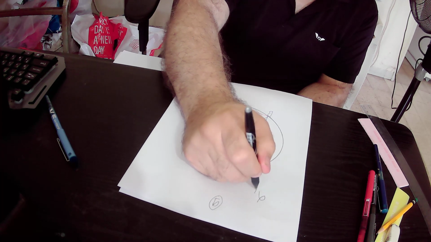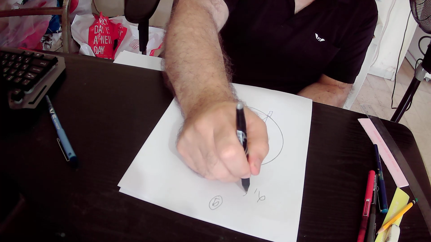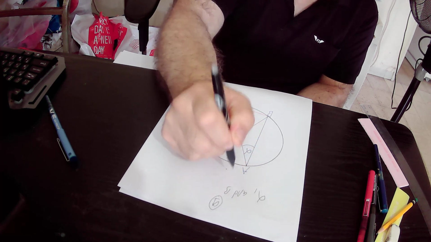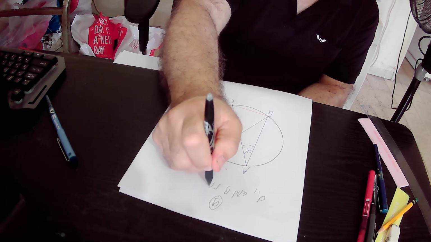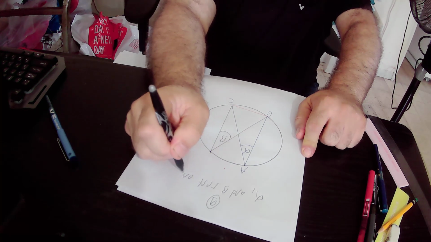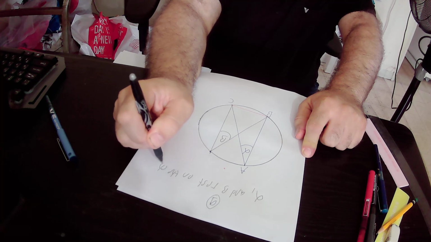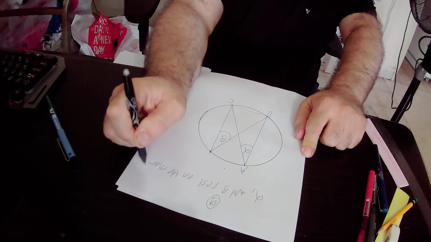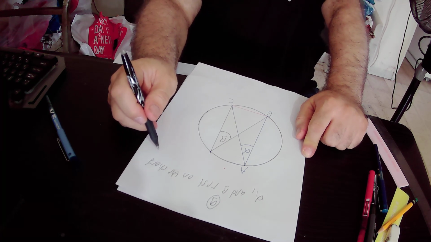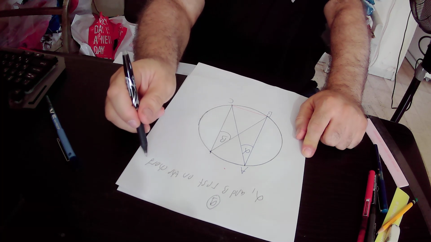Peripheral angle alpha and peripheral angle beta rest on the same chord, that is to say, they rest on the same chord BC.